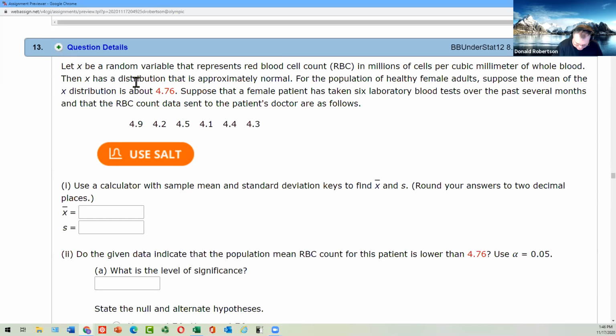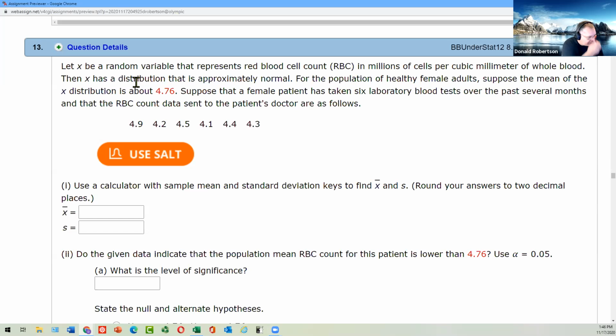Here we have a set of data and a story connected to it, and I'm going to try and set up the key numbers that we always want. Although you can't see, I'm writing down x bar, the mean of the sample, s, n, and alpha, right?